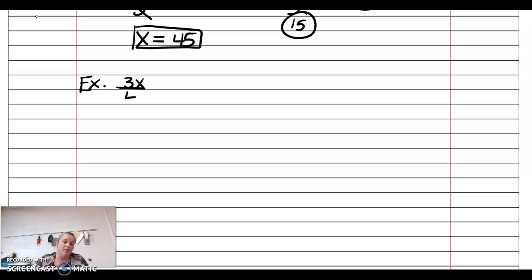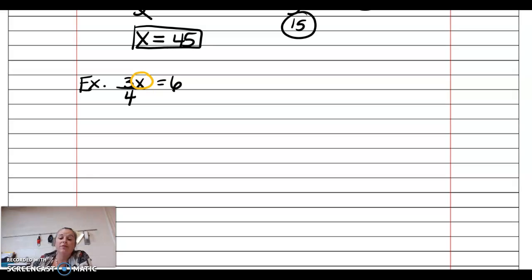Let's try 3x over 4 equals 6. Okay. Now this is a fun one because you can do this a couple different ways. We'll show you one way. So here's your variable x. X is multiplied by what we call a fraction, 3/4.